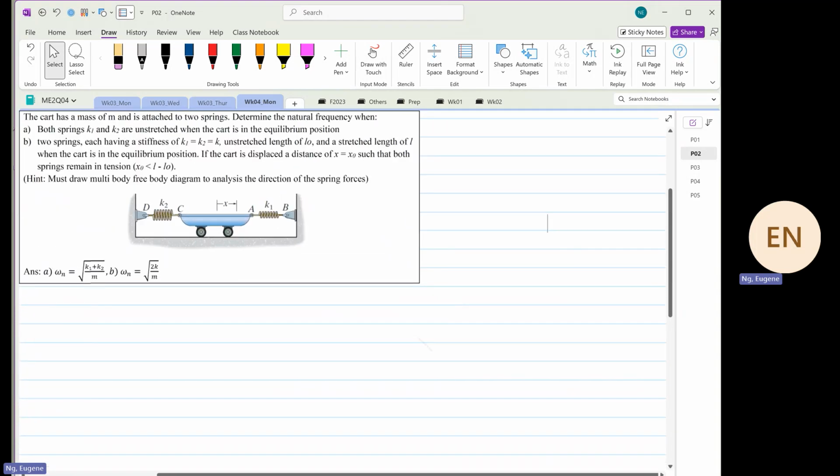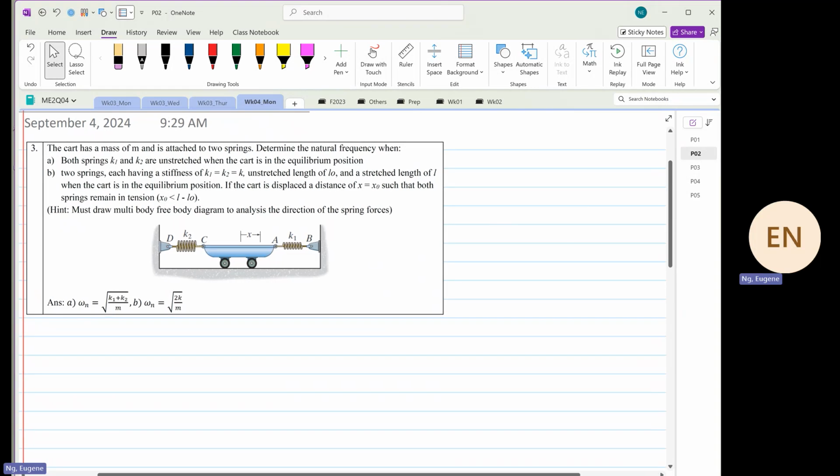Now, the cart has a mass M and it is attached to 2 springs. Determine the natural frequency when A, both springs K1, K2 are unstretched when the cart is in equilibrium position, and B, 2 springs, each having a stiffness K1 equals K2 equals K, unstretched length of L0 and a stretched length of L when the cart is in the equilibrium position, if the cart is displaced a distance X equals X0 such that both springs remain in tension.